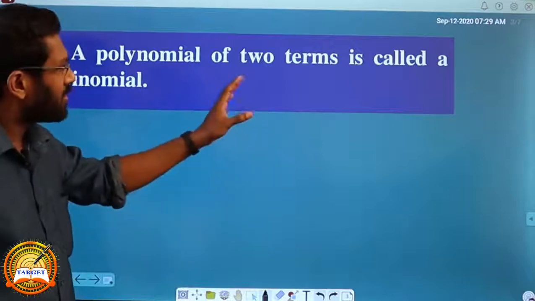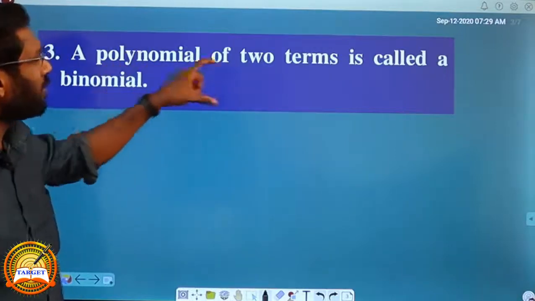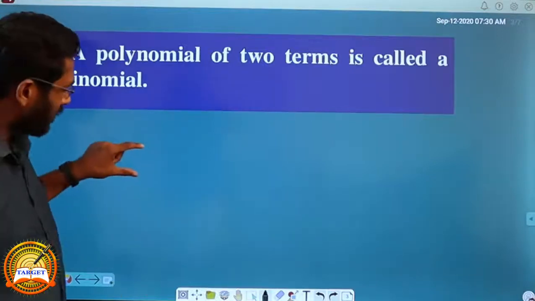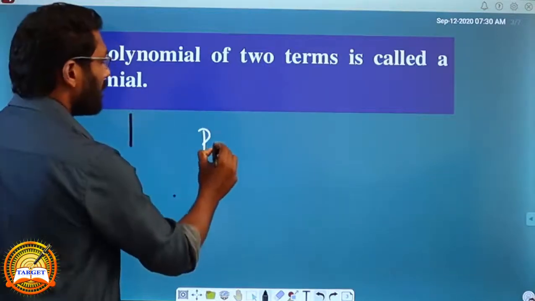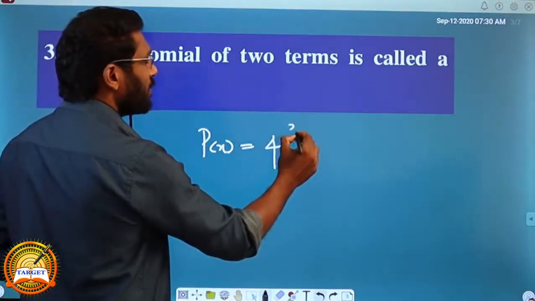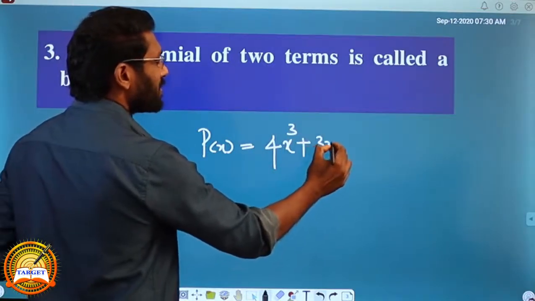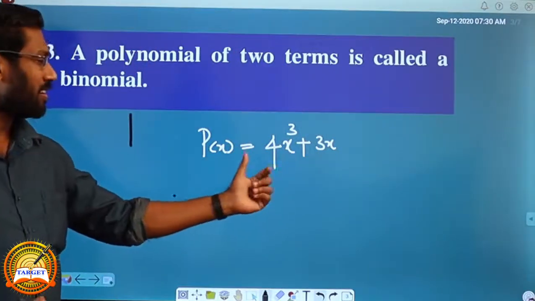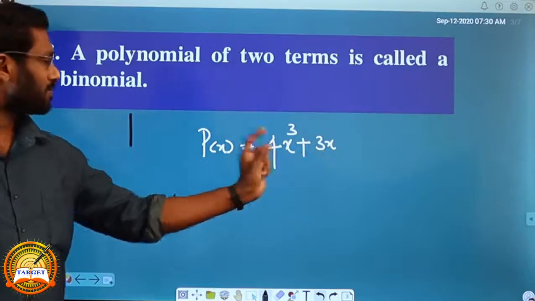Now we are going to discuss binomial. A polynomial of two terms is called a binomial. For example, suppose I am writing a polynomial p of x equals 4x cube plus 3x. Look at this one. How many terms are here? Here it contains only two terms.